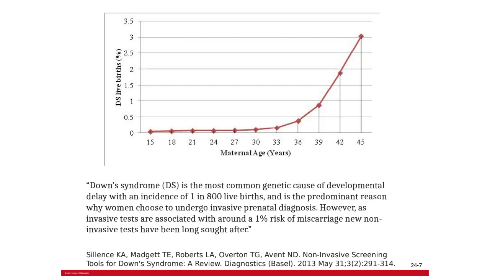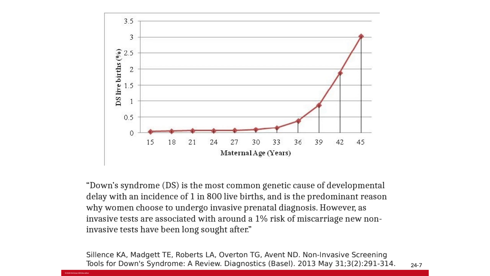So I just wanted to continue a little bit more with Down syndrome. Down syndrome, or DS, is the most common genetic cause of developmental delay, with an incidence about 1 in 800 live births, and is the predominant reason why women choose to undergo invasive prenatal diagnosis. So I'm just reading from this paper here.